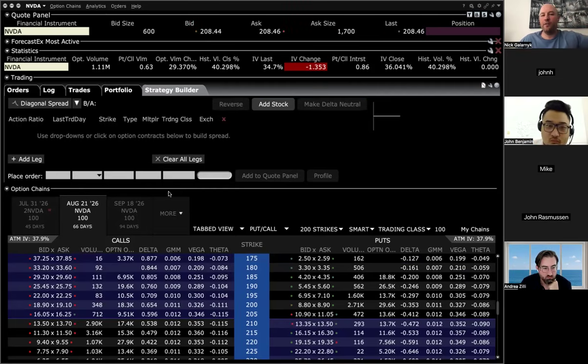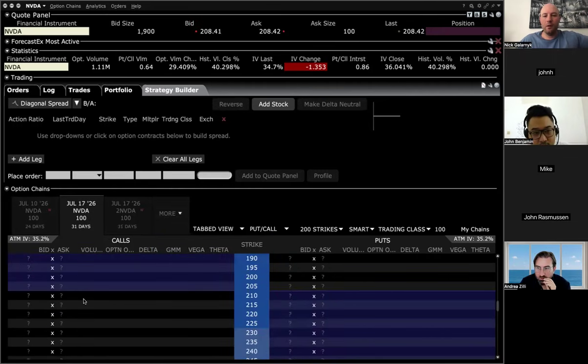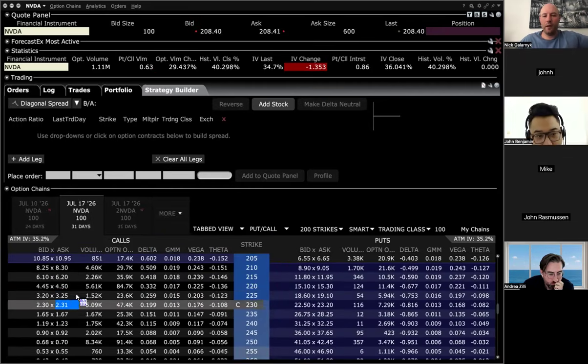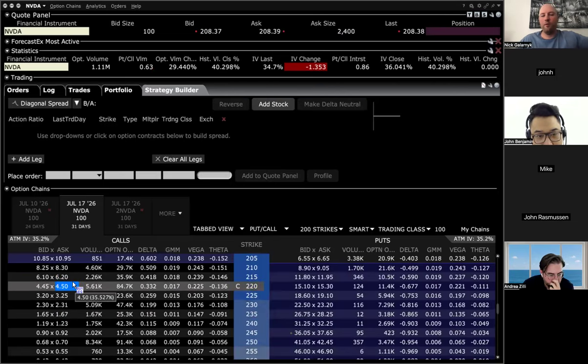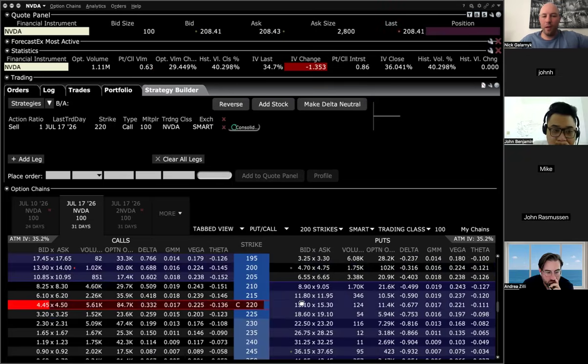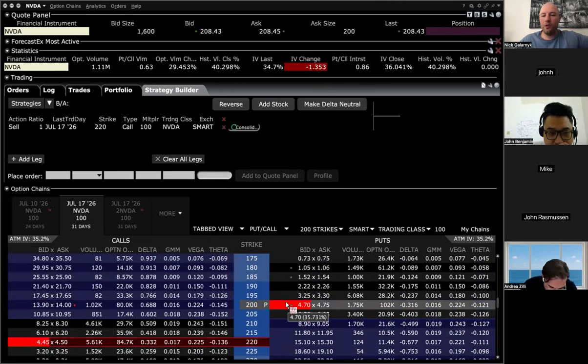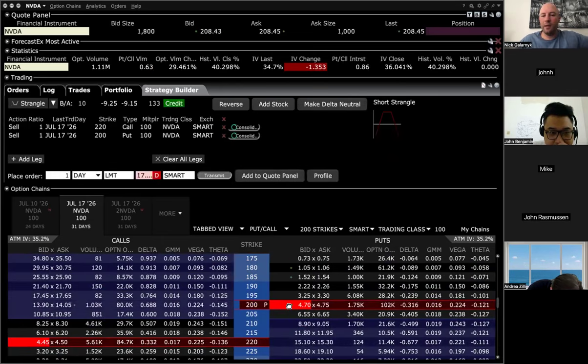An example of that would be: you buy 100 shares at, let's say, 208 right now. Looking at the July OPEX again, let's go back to here. You would sell, for example, the 220 strike price for 4.50 on the call side. And then on the put side, you would sell perhaps the 200 strike put option for 4.70.